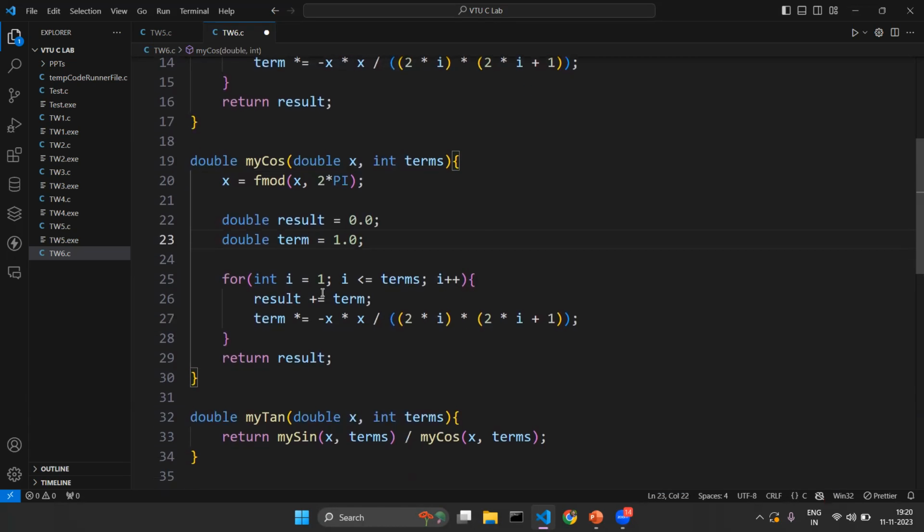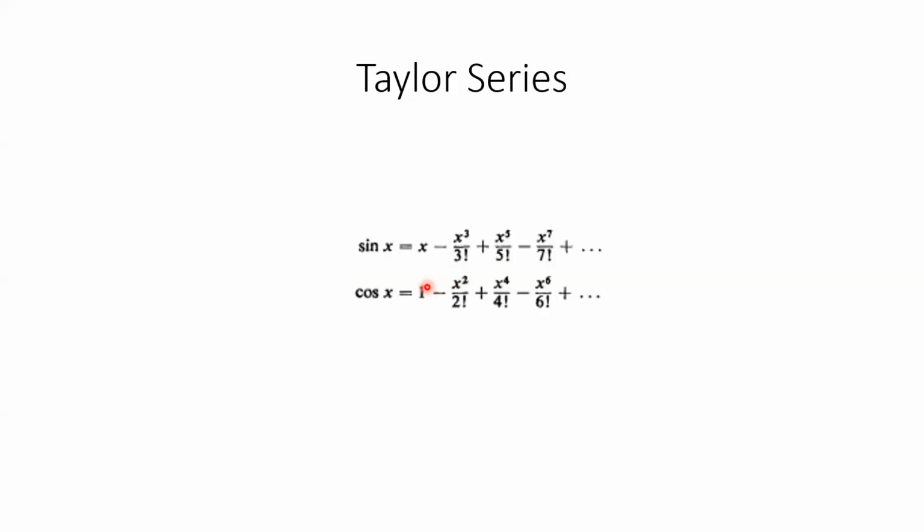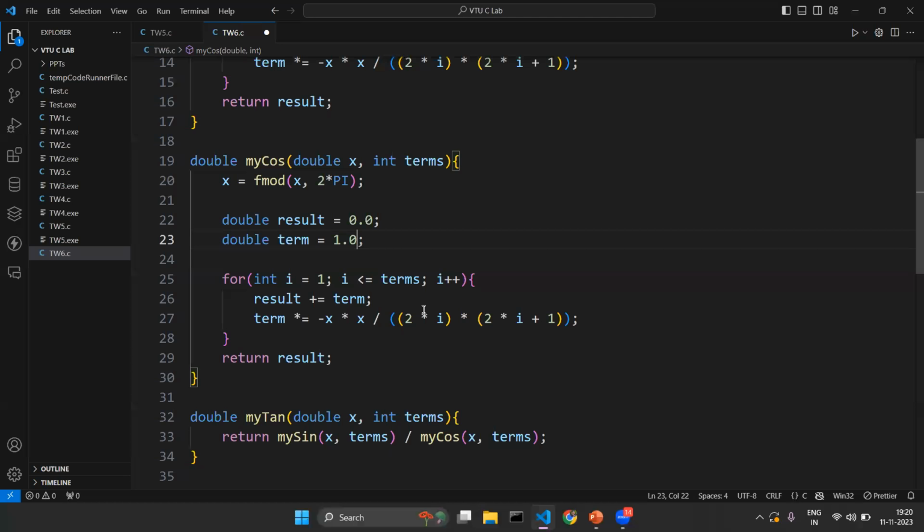Int i equal to, here you can see x raised to 0, it starts from x raised to 0, not from 1. In sin x, x raised to 1 was the first term. Here x raised to 0 means the power starts from 0. So let's start i equal to 0.